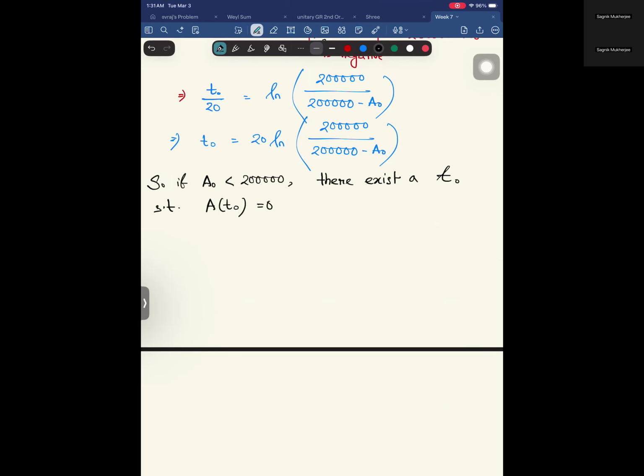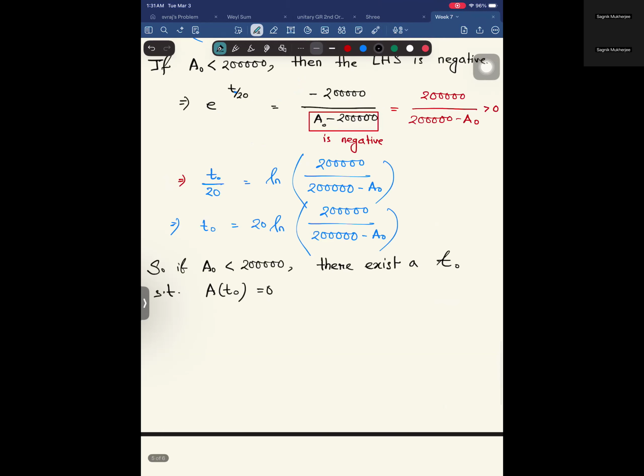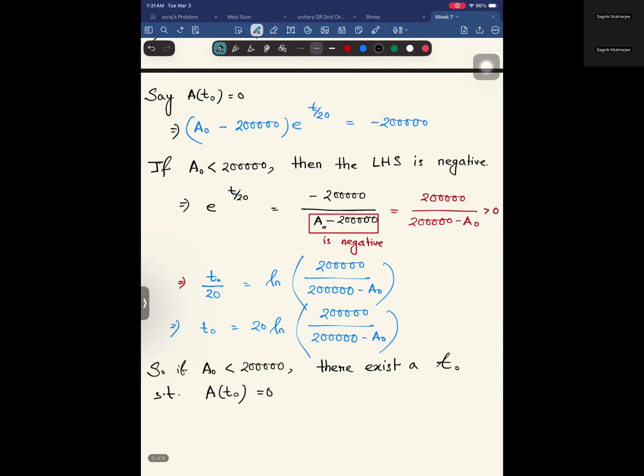We just proved it, right? So assuming this condition, we just found the value of t0 for which A of t0 is 0.